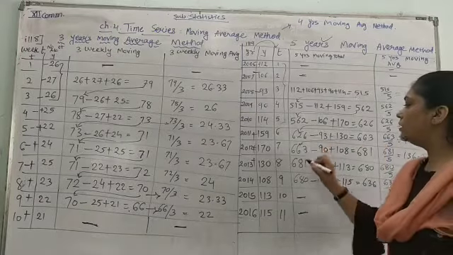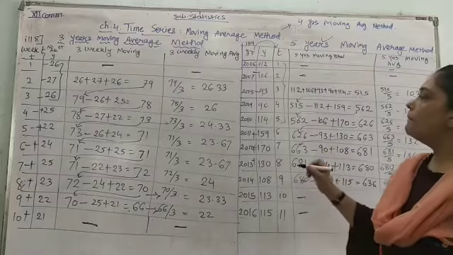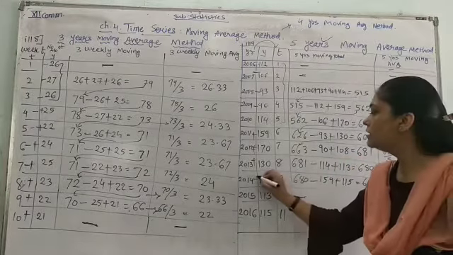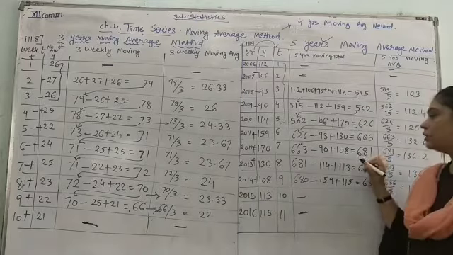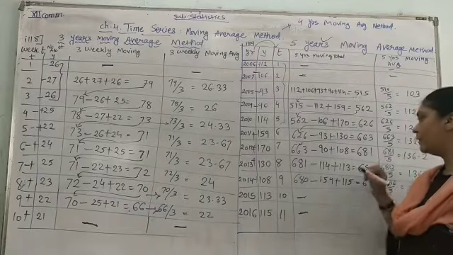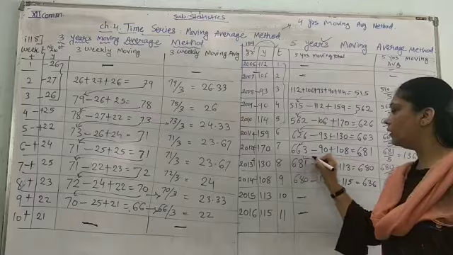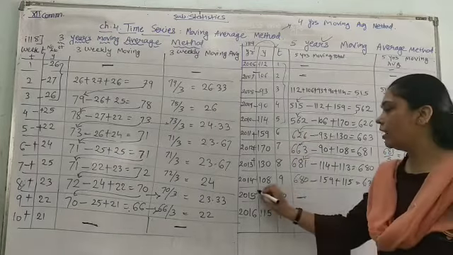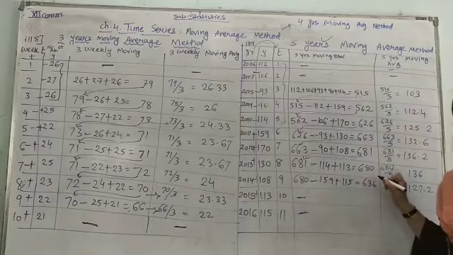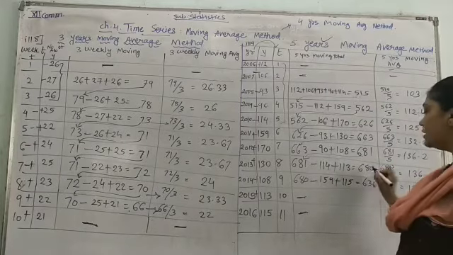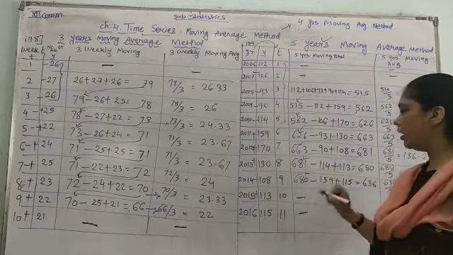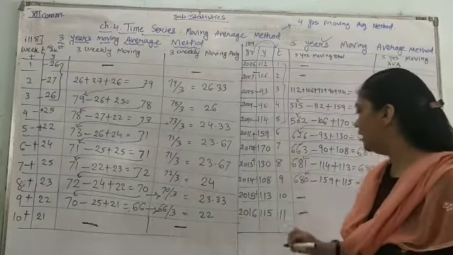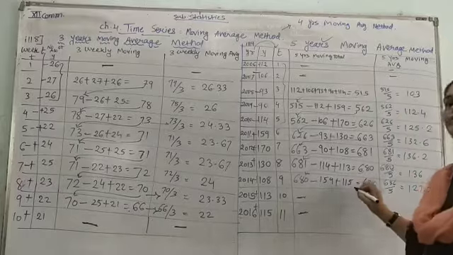Okay, go down 663 minus 90 and plus will be 108. So answer is equal to 681. 681 would come here, then minus 114 and plus 113. 680. 680 will come down next year. So the minus would be 159 plus will be 115.